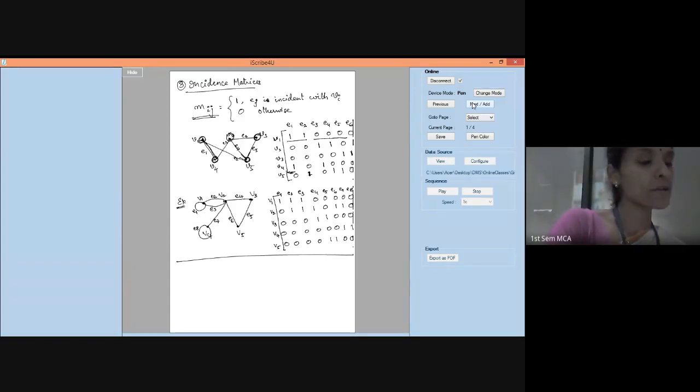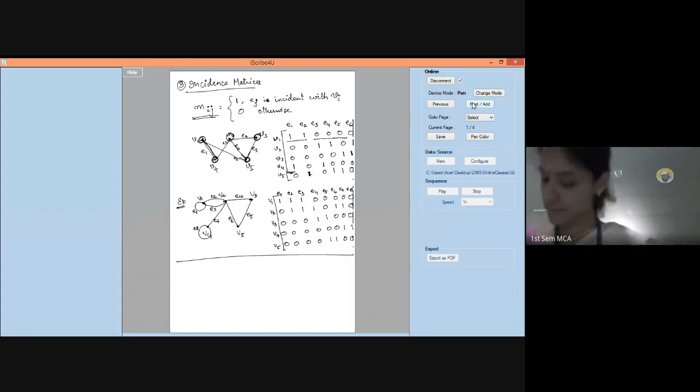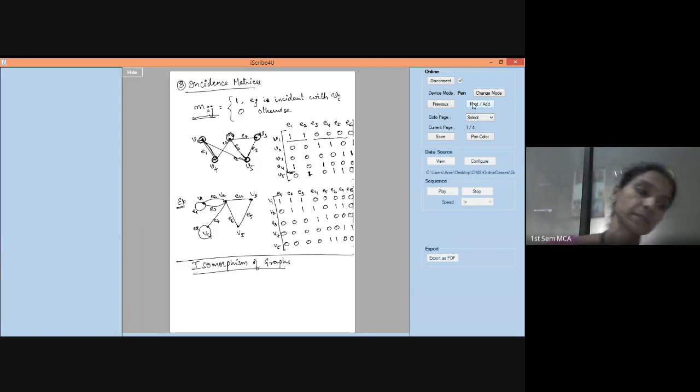Next is a very, very important concept. And there will definitely be a question on this. To do that, this much of introduction and background was required. What we call isomorphism of graphs.